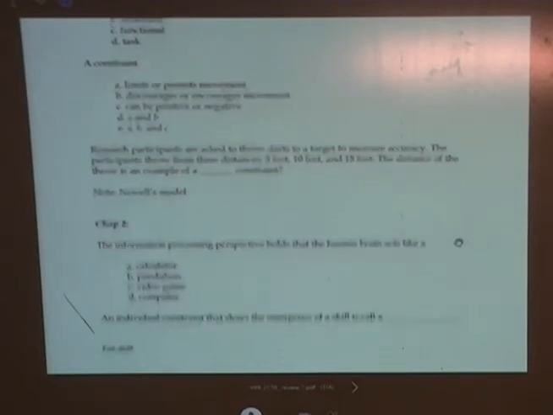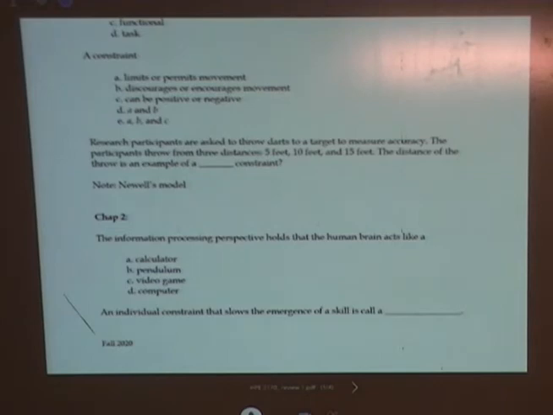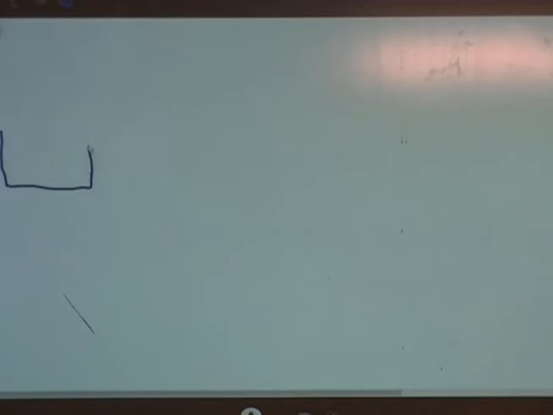All right. Okay, so before we do chapter 2, let's do another whiteboard bit. So let's look at our really simple information processing model. Okay, so my 3 little boxes.